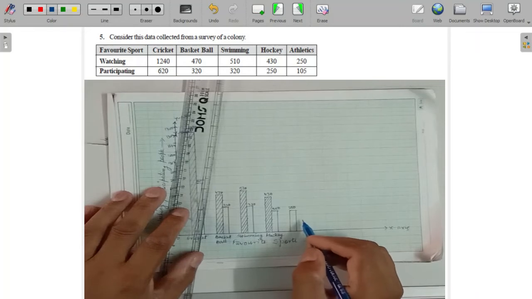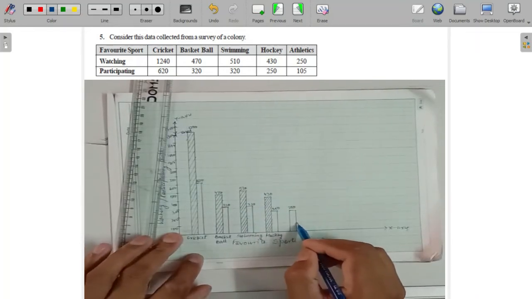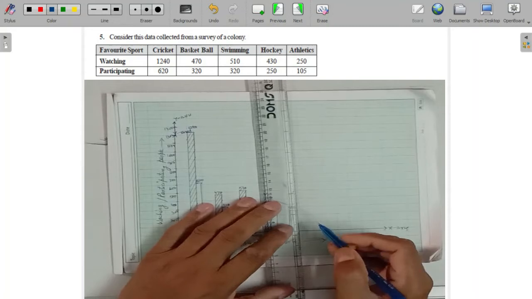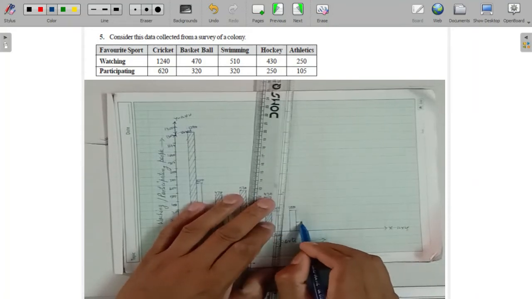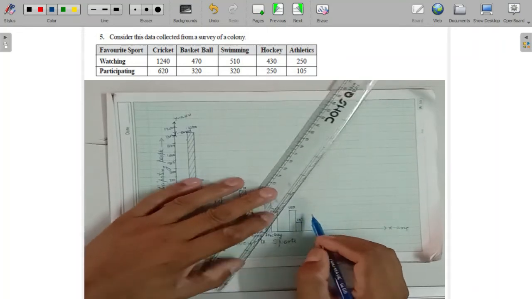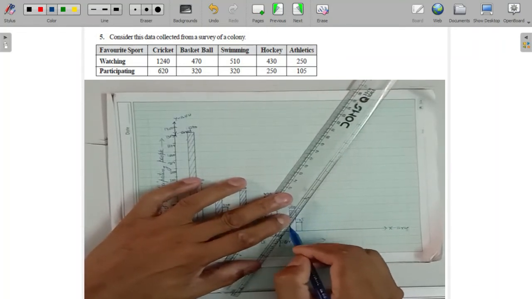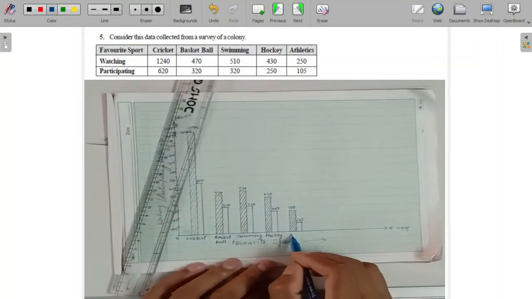And then participating it is 105. 105 is after 100, between 100 and 200. First line after 100. You have to take it in the center. And join this. It is 105. Set the first rectangle. And below write down athletics.